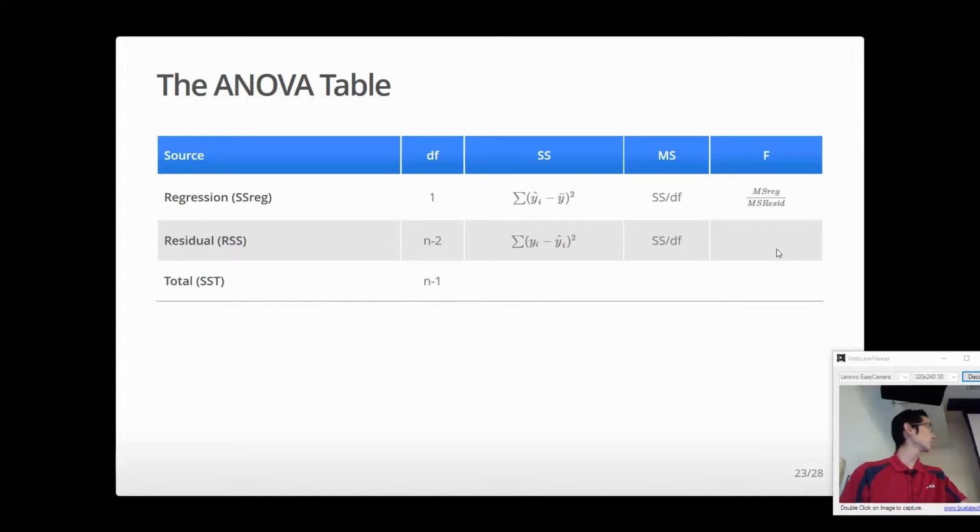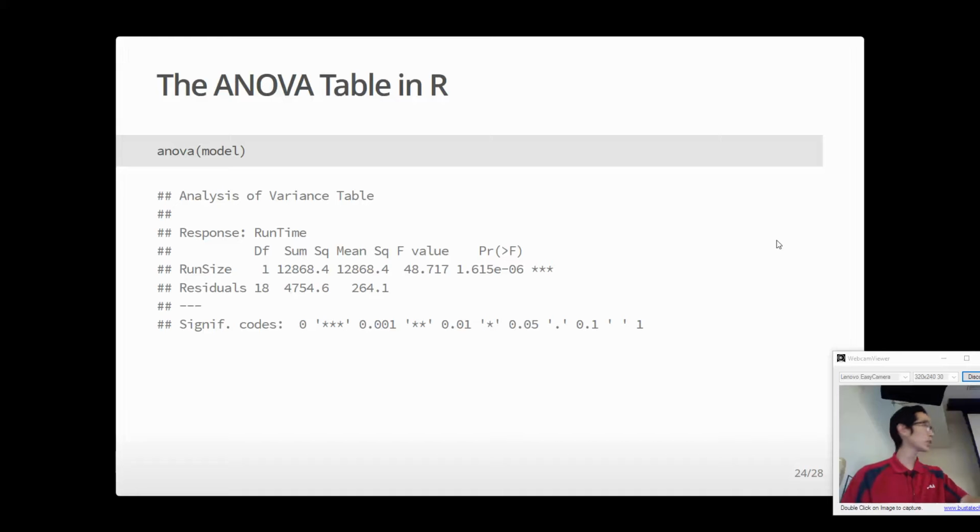And so when we go to R and we say, hey, give me an ANOVA table, it says run size, because our current model just says we're predicting run time based on run size. So our entire model, the regression model, is just based on this one thing. So that is our source of variation, run size.